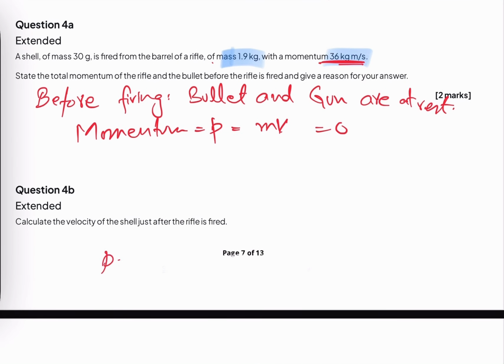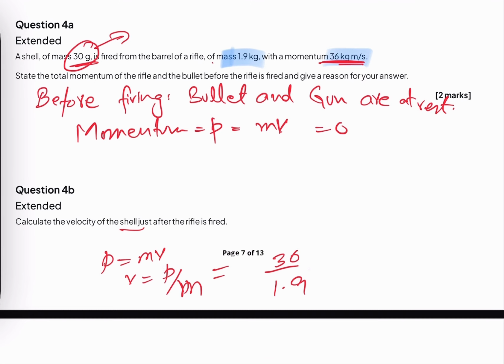We have to use the equation P is equals to mv, so V is equals to P divided by m. So P is given, that is 36, and mass is 1.9. We have to find the velocity of the shell, so we have to use the mass of the shell.